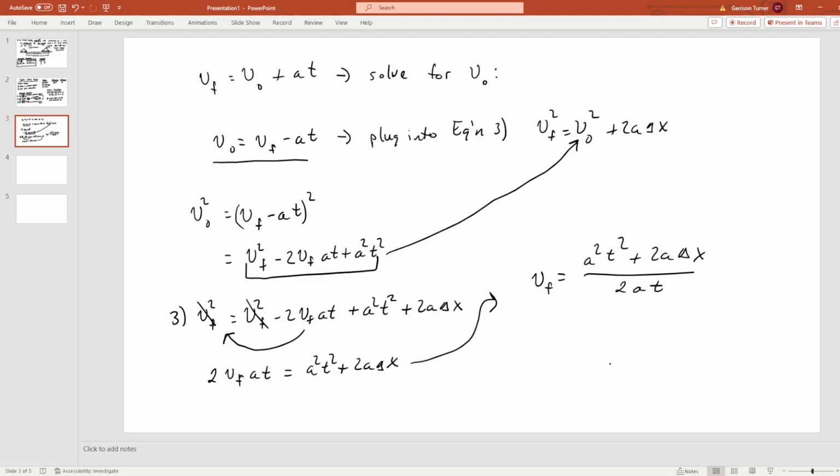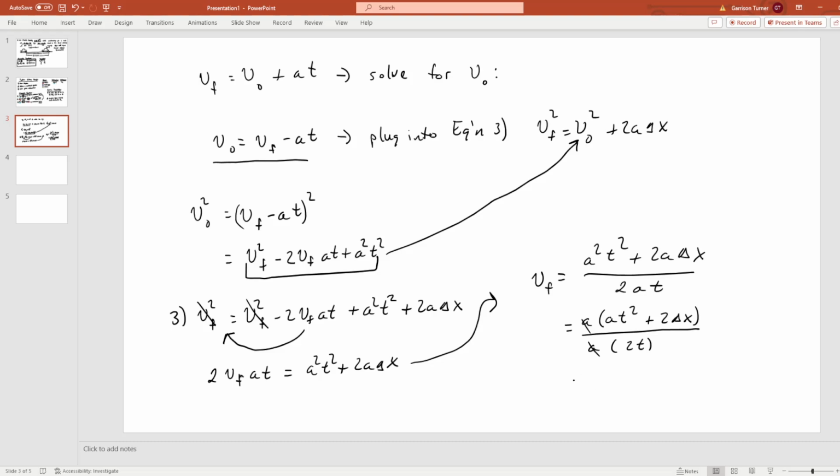Okay? Now we can be a little bit clever here and we can cancel out an A. If I factor out an A from the numerator, I'm going to get A times AT squared plus 2 times delta x divided by A times 2t.